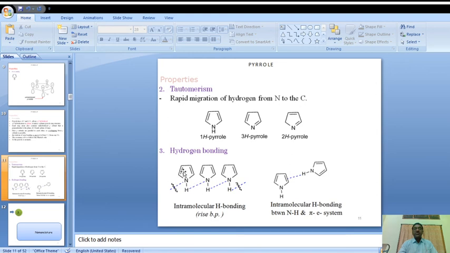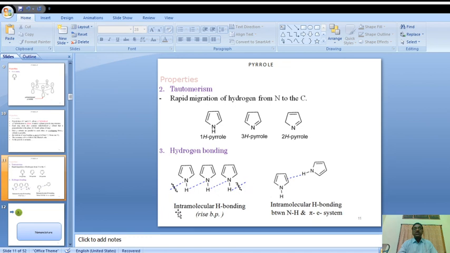The hydrogen of this pyrrole has partial attraction with another pyrrole's heteroatom. Here also the same: the hydrogen of this particular pyrrole is partially attracted to the highly electronegative heteroatom of another pyrrole molecule.